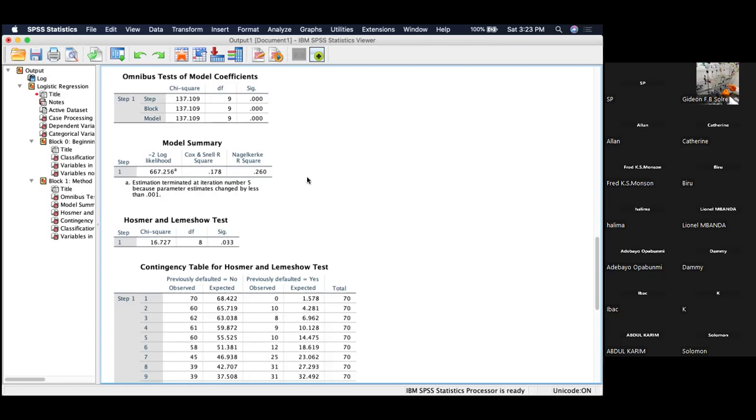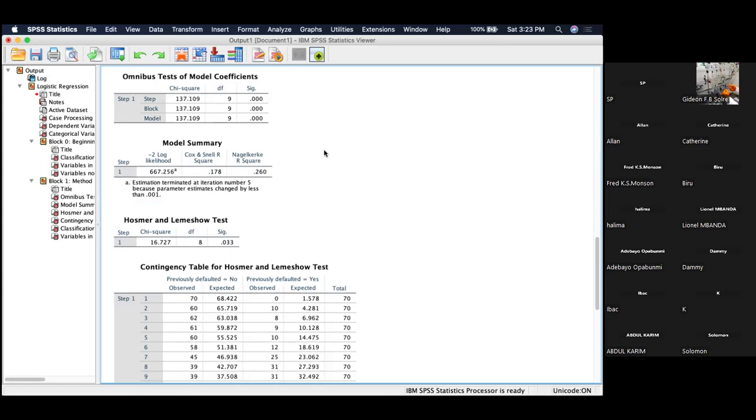But in binary logistic regression, we use Cox and Snell's R-square or Nagelkerke's R-square. Nagelkerke's R-square is introduced to account for the deficiencies in Cox and Snell's R-square.